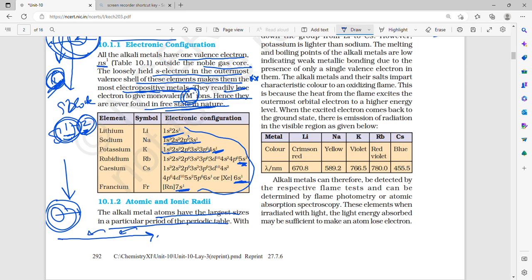So basically the nuclear charge increases and the size decreases. So across a period, the largest atomic radius is going to be of the first element, that is the alkali metal. They have the largest size in a particular period of the periodic table.